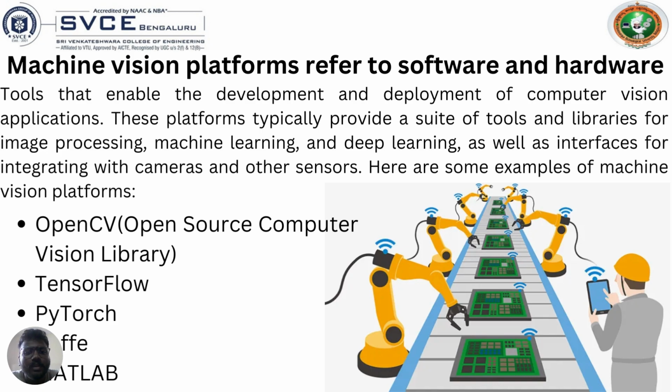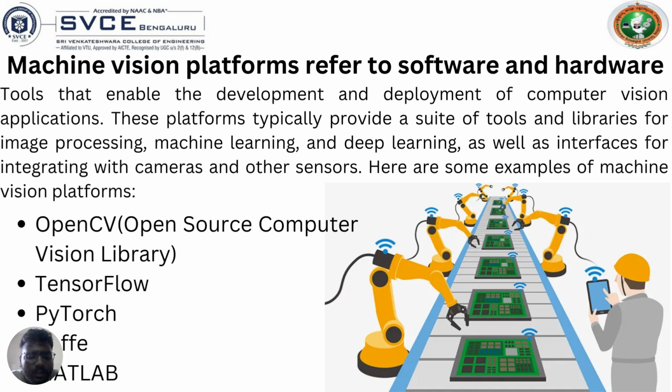This platform typically provides a suite of tools and libraries for image processing, machine learning, and deep learning, as well as interfaces for interacting with cameras and other sensors. Some examples of machine vision platforms are OpenCV, the open source computer vision library; TensorFlow, PyTorch, Caffe, and MATLAB. Let's understand them in depth.